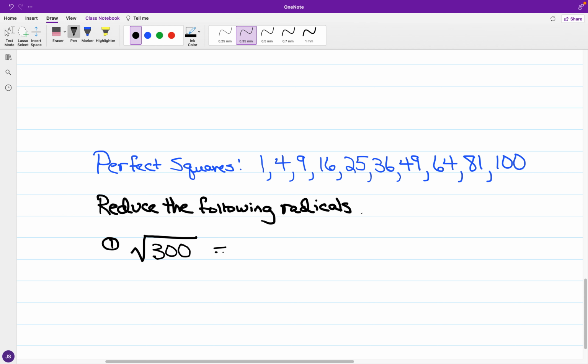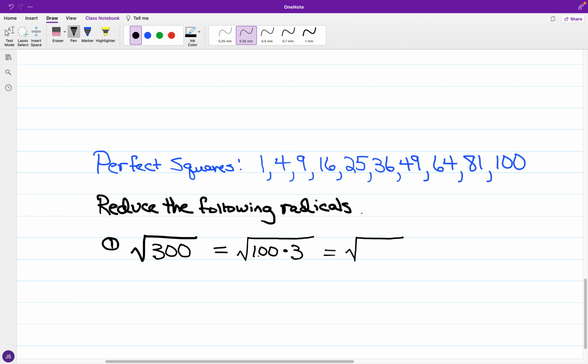You just start out with a large number, and what you can do to reduce the amount of work involved is look for the highest perfect square that is divisible into 300. Well, 100 is a perfect square number, and it will go into 300 3 times. So 100 is a perfect square, 3 is not, and as a radical, 3 cannot be factored other than with the perfect square of 1.